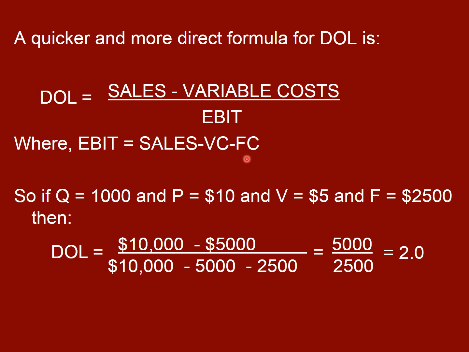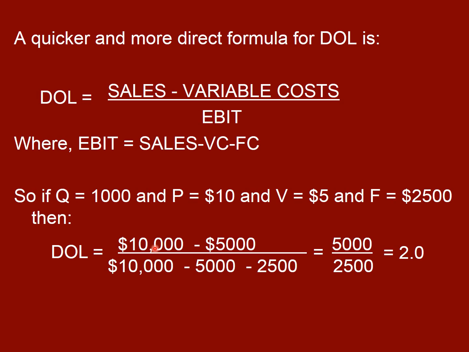So using the same example that we used earlier, if we assume that we're selling 1,000 units, quantity sold is 1,000, and we assume the price per unit is $10, and the variable cost is $5 per unit, and the fixed cost is $2,500, then we had total sales, this was in our base case, right?